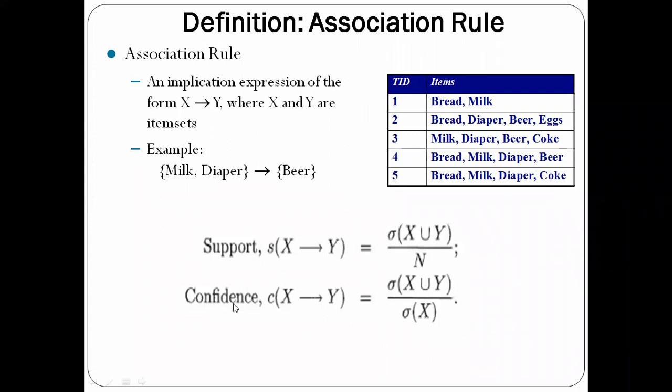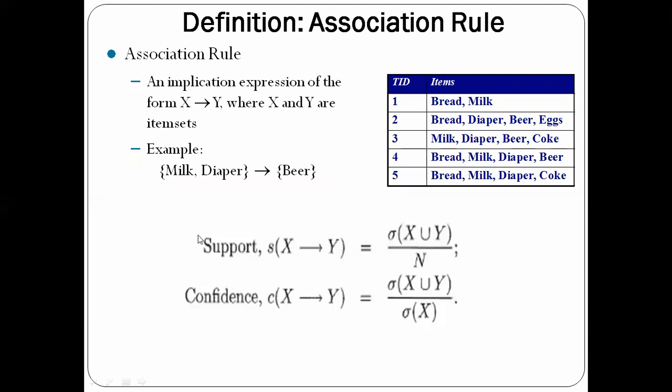Support is used to determine how this rule is applicable to a given data set, that is, how important this rule is, or to how many transactions this rule is applicable. In order to determine that, we will be using support here.